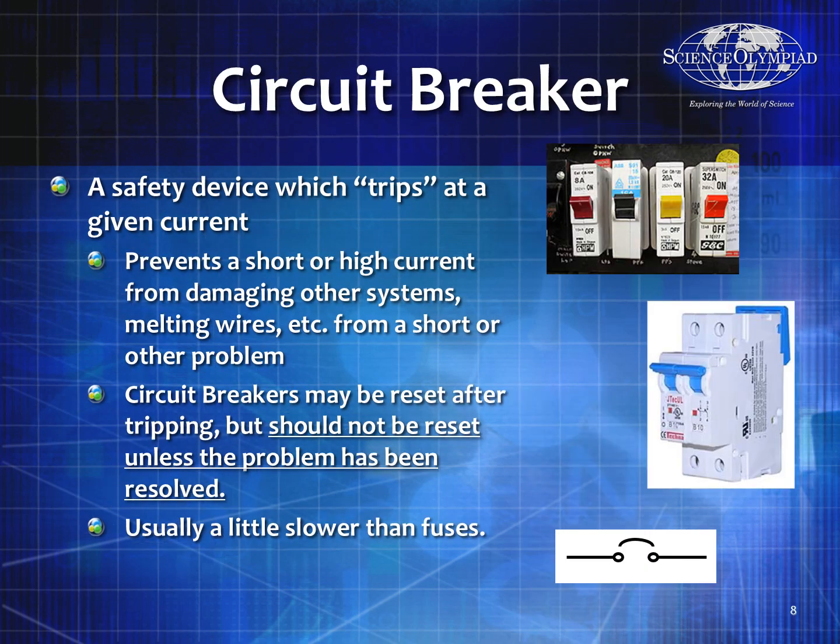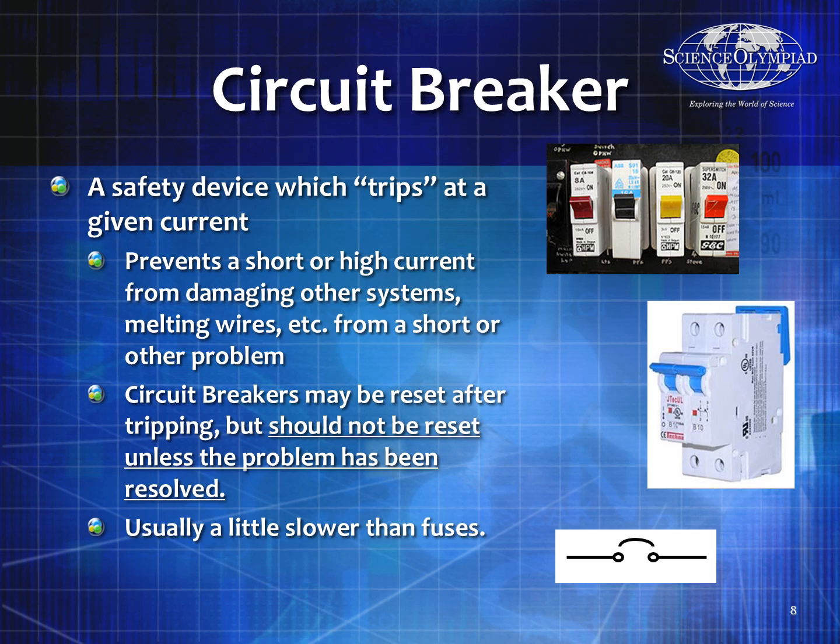Now, a circuit breaker is another safety device, much like a fuse, but its claim to fame is that when you hit that certain current amount, it trips. In other words, imagine it being like a switch that automatically turns off as soon as too much current starts going through it.